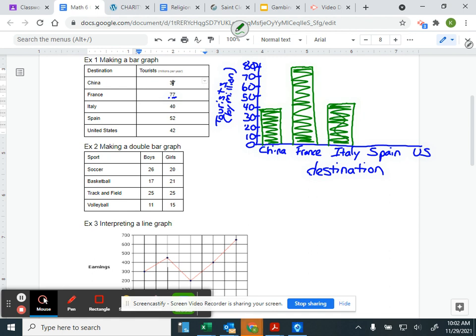Spain is at 52, so 52 is going to be just above that 50. And the US is at 42, so just above the 40.